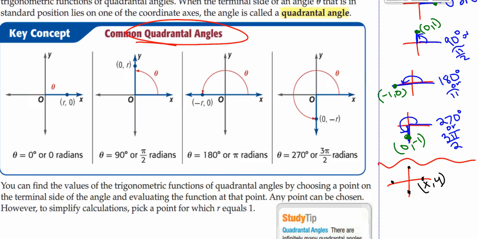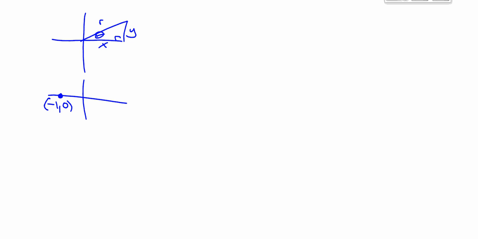And if I need to remember, I can always say this: in my head, I have this picture, right? Theta, this is x, this is y, that's r. Do you agree? So let's pick an angle like pi or 180 degrees. And I just said that this value is (-1, 0).